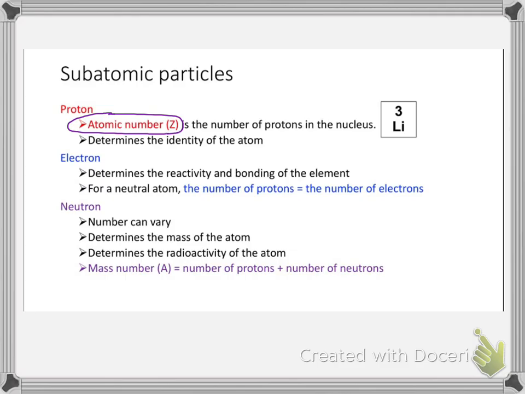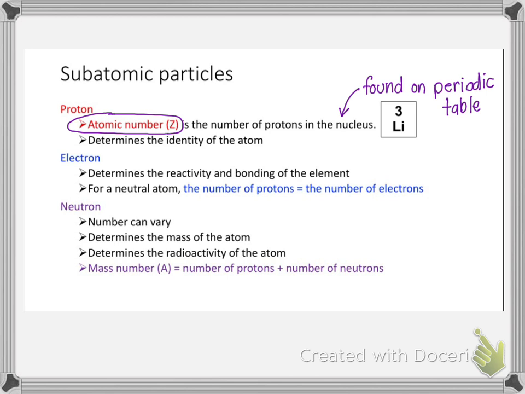atomic number. Atomic number can be found on the periodic table, and we're going to be talking more about the periodic table. We do not memorize atomic numbers. I'm not going to require you to, but what we do need to know is that the atomic number on the periodic table is the number of protons.